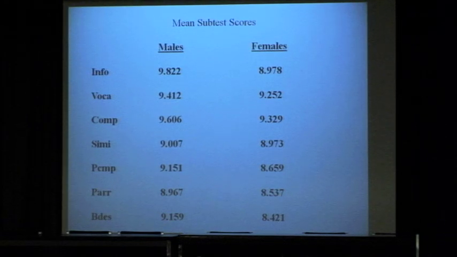In some cases there's hardly a difference, like similarities, the fourth one down. So you look at these and you ask the question, okay, we have mean differences. Do these mean differences reflect some actual difference in the cognitive abilities we're trying to measure here, or do they reflect some artifact, something other than any real difference?